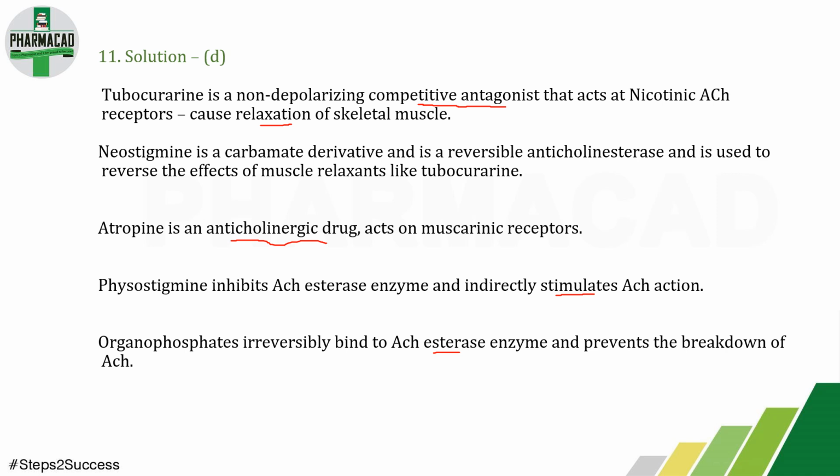It is used to reverse the effect of muscle relaxants like tubocurarine. So the correct option here is option D, neostigmine.